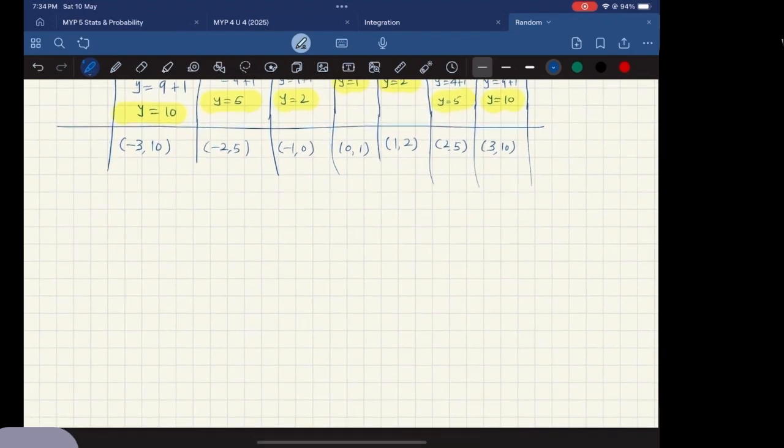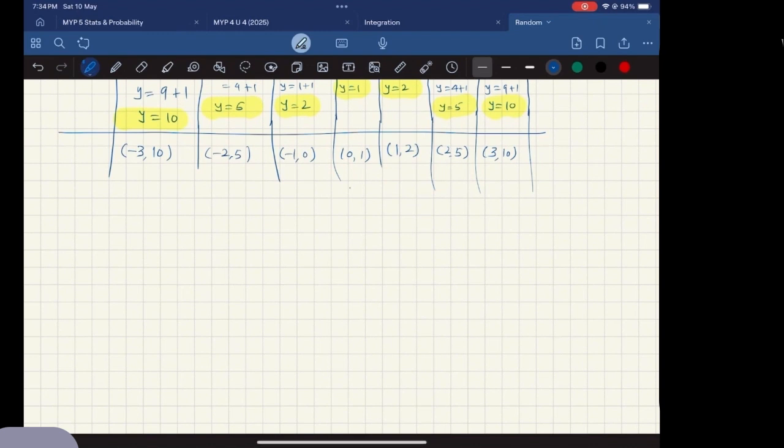So I'm just creating more space for me. You can have -1, -2, -3, -4, 1, 2, 3, 4, and 5.